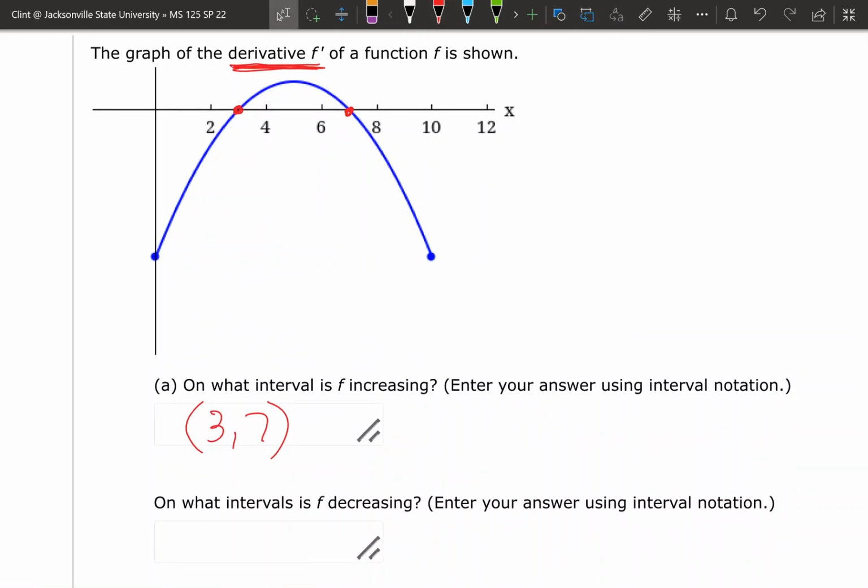That's where the graph of our derivative is negative, or below the x-axis. So that's from 0 to 3 and 7 to 10. If our derivative is below the x-axis, that means f is decreasing in those places, and if it's above the x-axis, f is increasing.